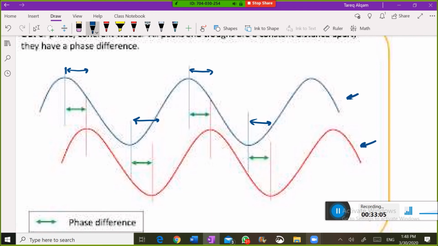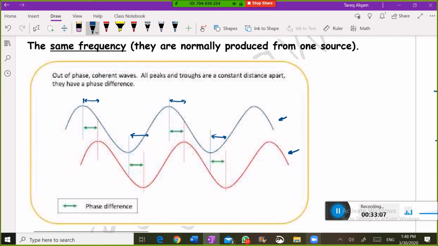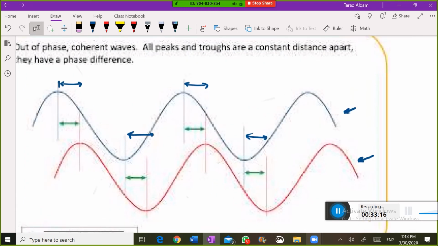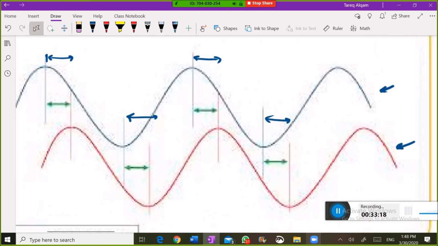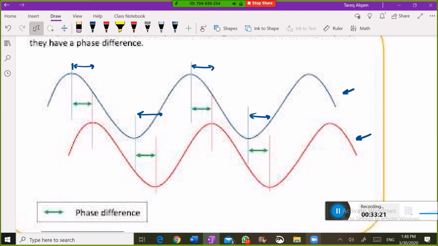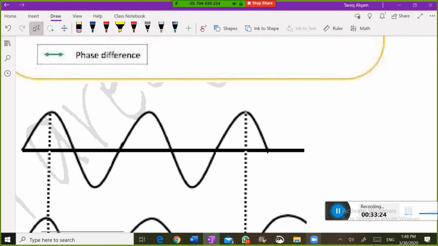These types of waves are called coherent. I can say that the blue wave and red wave are coherent since the phase shift between them is the same.